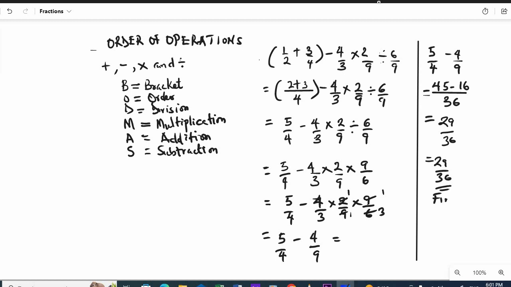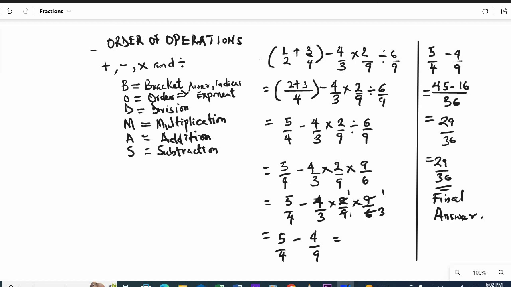So final answer. Okay. So now this order here, as I said earlier, represents the order of fractions. That is, the power, indices or exponents that a fraction carries.